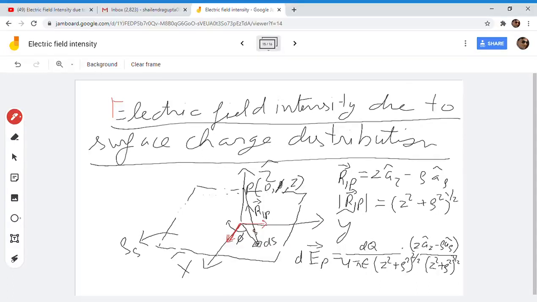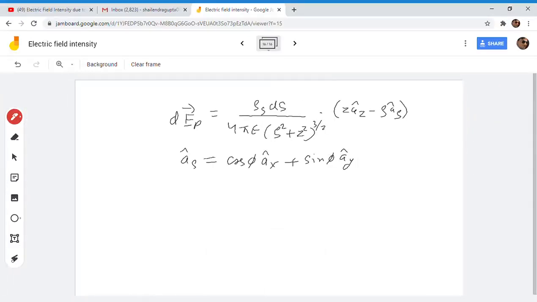Okay, so a rho will be x ax plus y ay. So this will be rho cos phi.